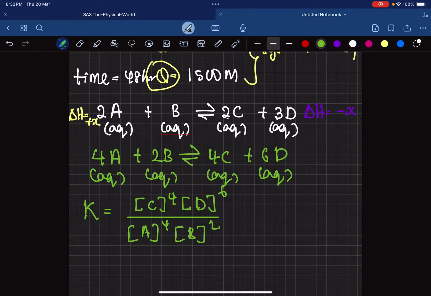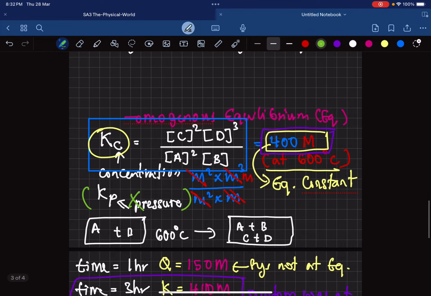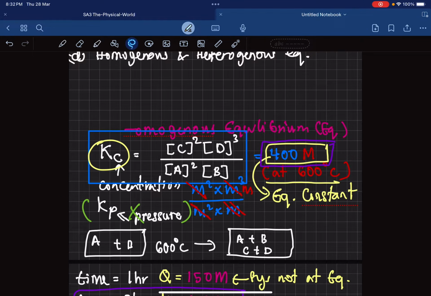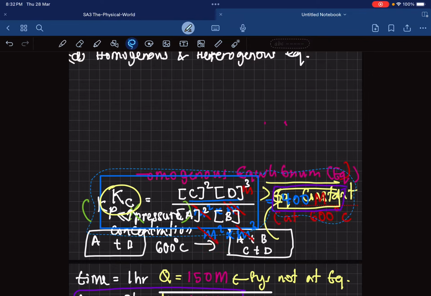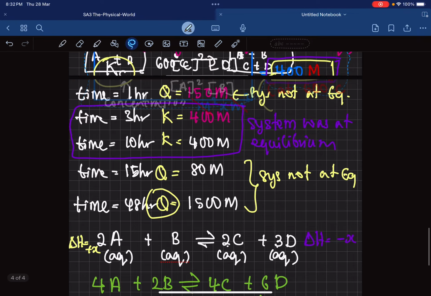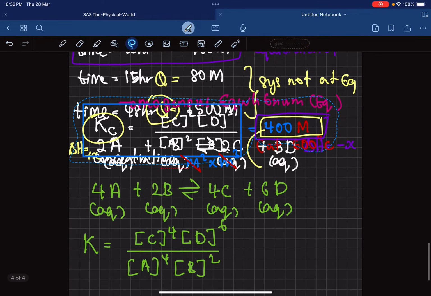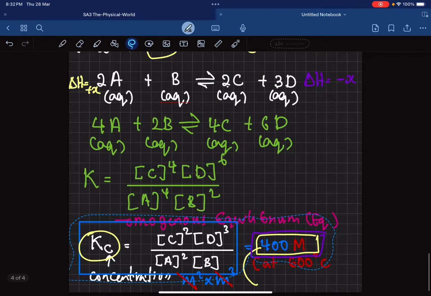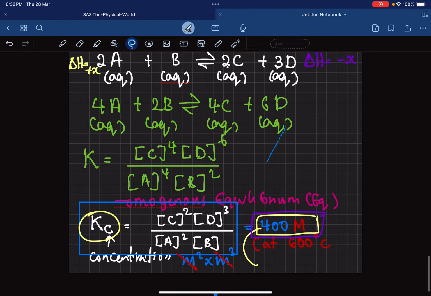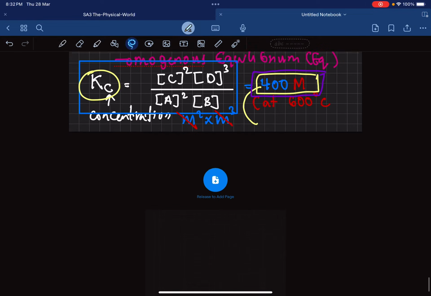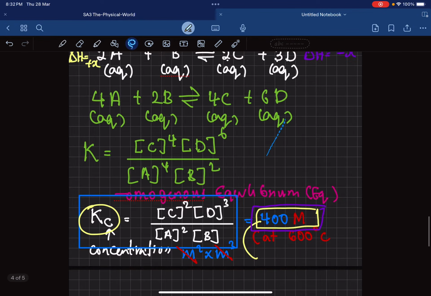Now if you compare it with the original equation, let's bring the original equation here. I want you to look at this and see if you notice something.